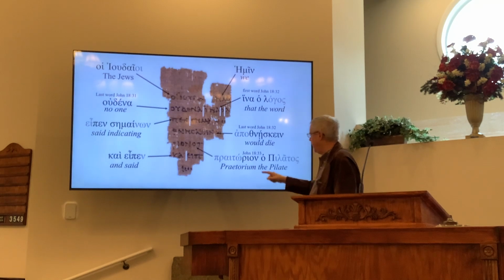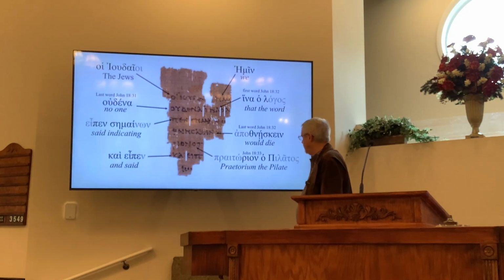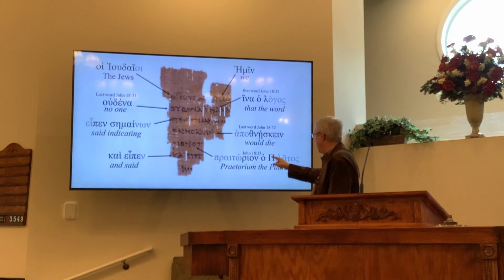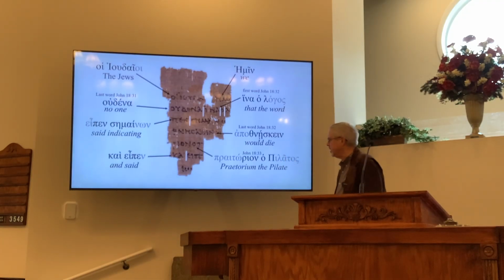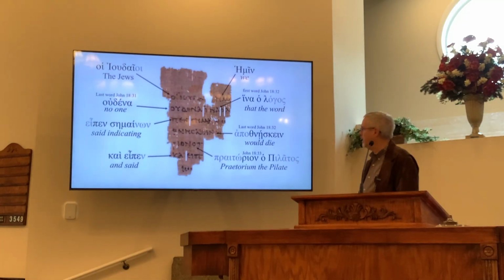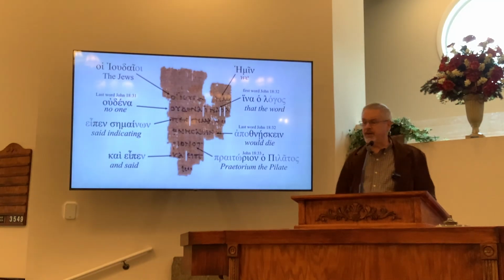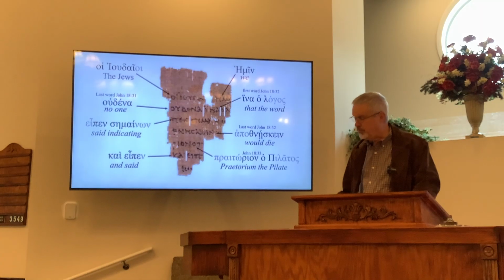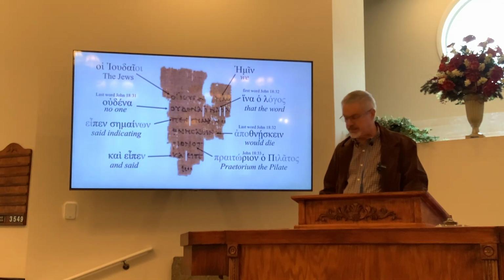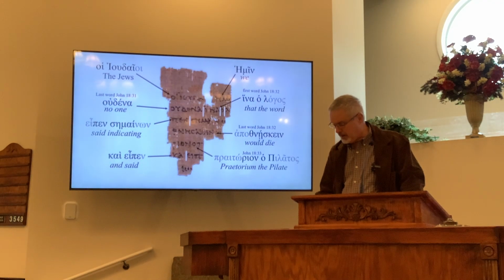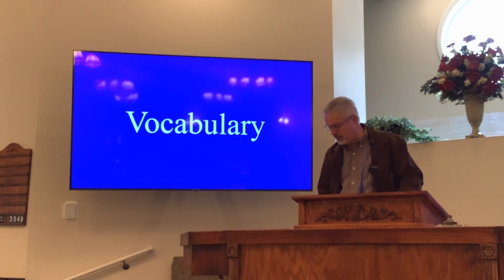And we have the last of the word of praetorium, ha, and then the capital pi for Pilatos, which is Pilate. And that's enough for us to know where this came from. And it's like I said, if you know the biblical text, you would think, okay, that's kind of familiar. Now we're heading off to vocabulary.